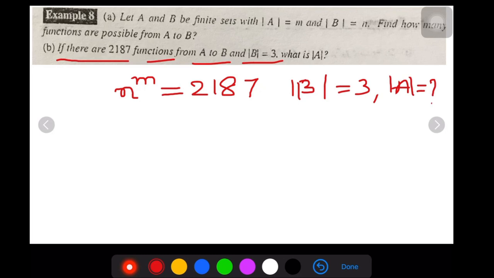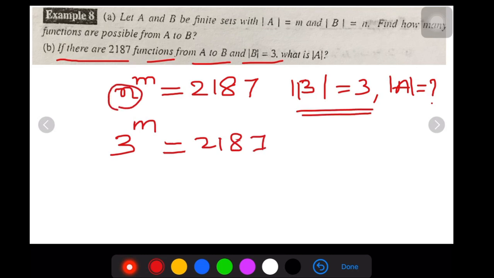With this, you can apply these values as per the formula: n to the power of m. There are 3 to the power of m, which is equal to 2187, because this value is given here. Mod B is nothing but n, so n is 3. M is what we are trying to find.